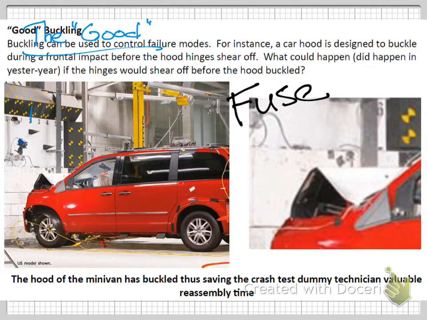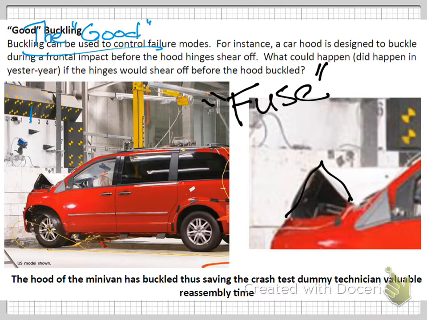We can sometimes say we're designing a fuse, something that will fail so that another system will not fail. So in this case, what would happen for a minivan if the hinges sheared off before the hood buckled. This buckling is protecting the people inside the minivan.